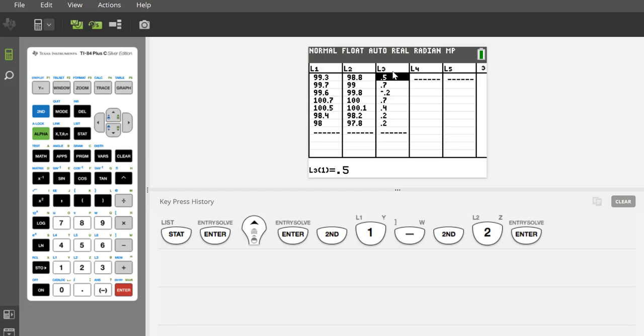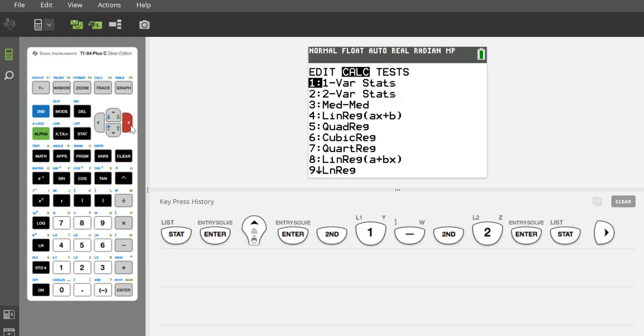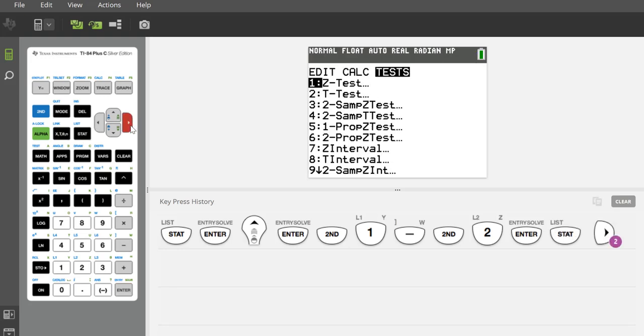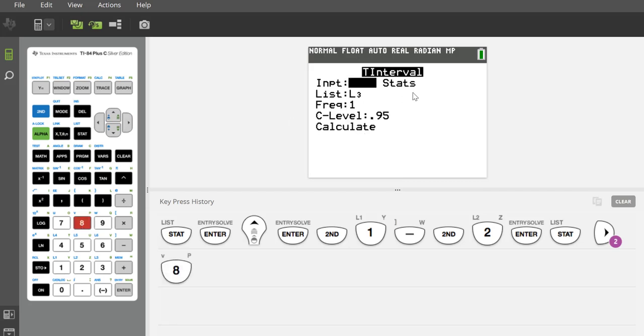So I'm going to run a confidence interval on list 3 by going to stat, right arrowing over to tests, and option 8 is a single sample confidence interval for a mean when sigma is unknown. I don't have the summary statistics, although they would be very easy to find on the calculator.